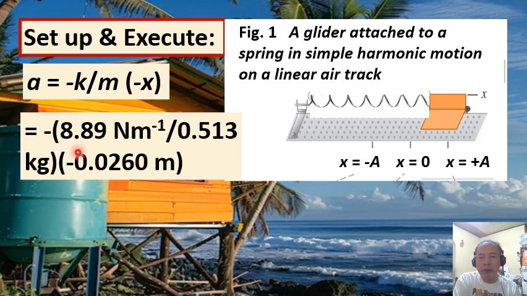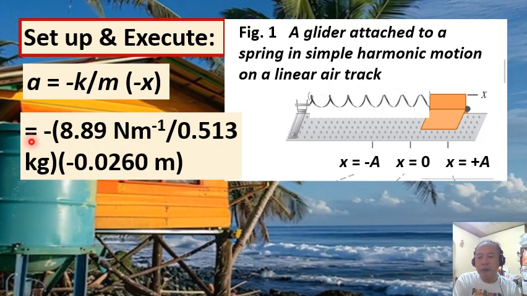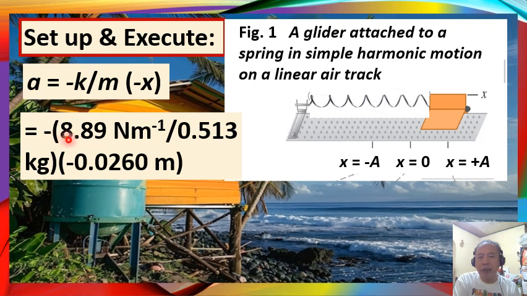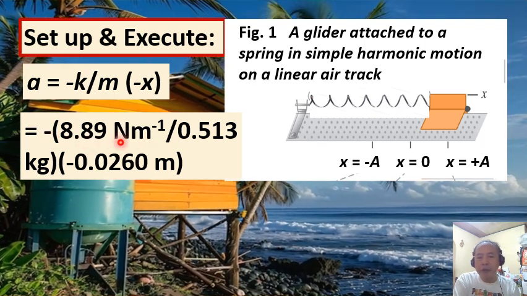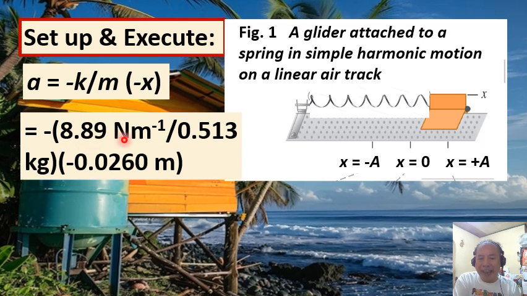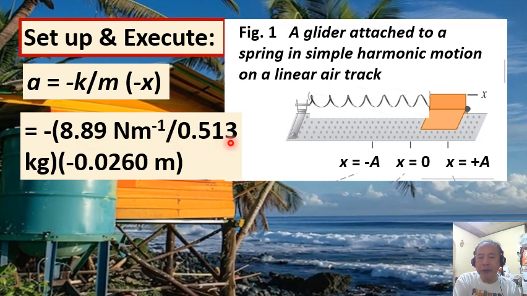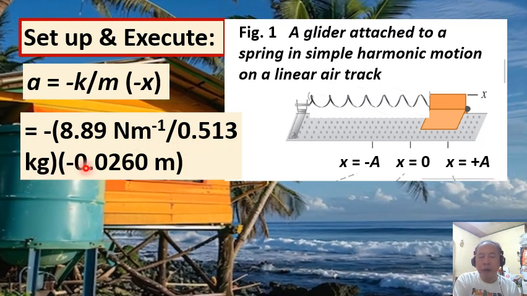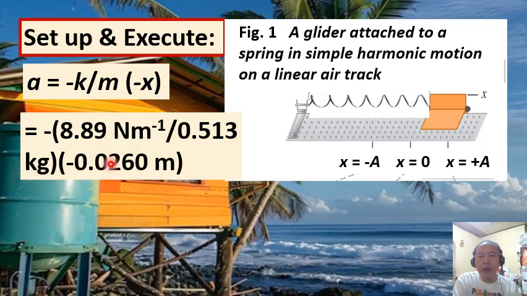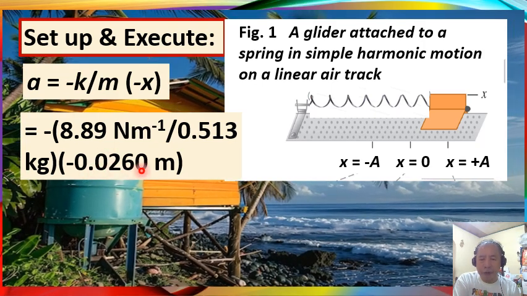So when we substitute the given quantities into this equation, of course, we have negative quantity 8.89 Newton per meter. That's the computed value of K, and then divided by the computed mass of the glider, 0.513 kilogram. After which, we multiply the whole thing by negative 0.0260 meter.